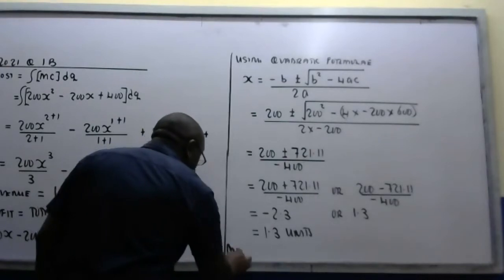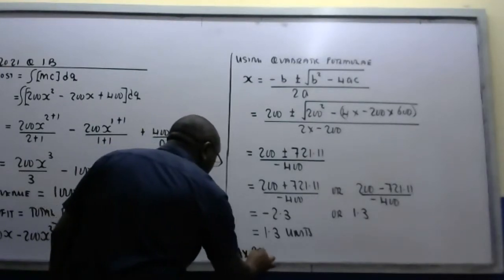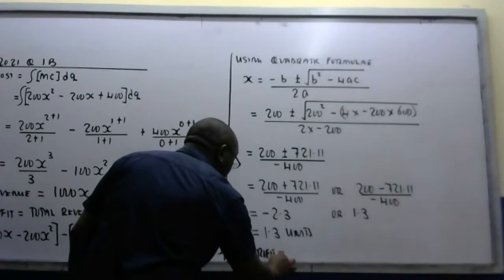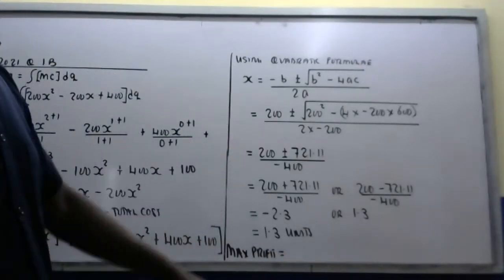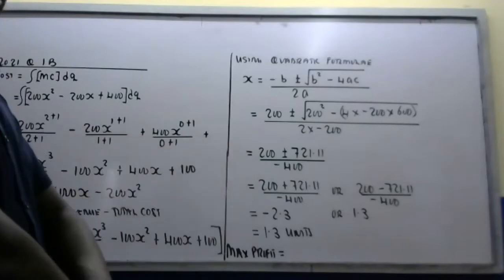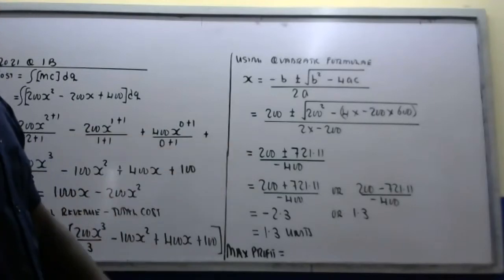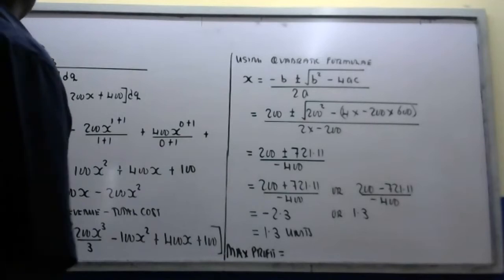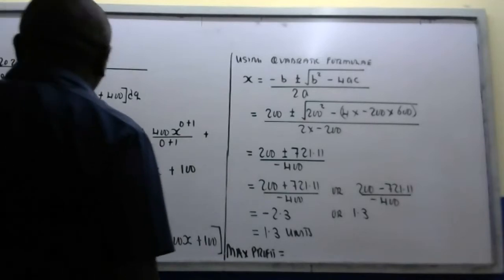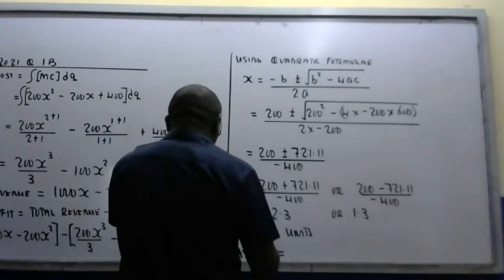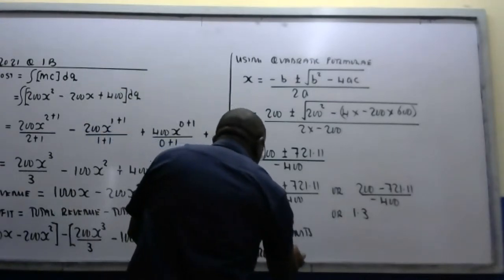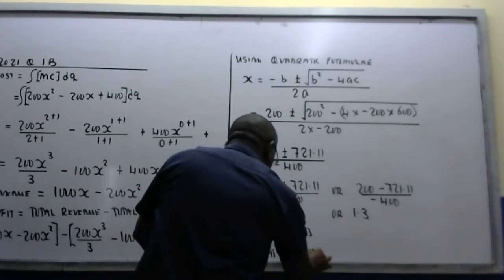So for maximum profit, you now substitute that in the function that we had for the profit. The equation that I have, which was for the profit, I think it was 600x, so it is 600 times 1.3.